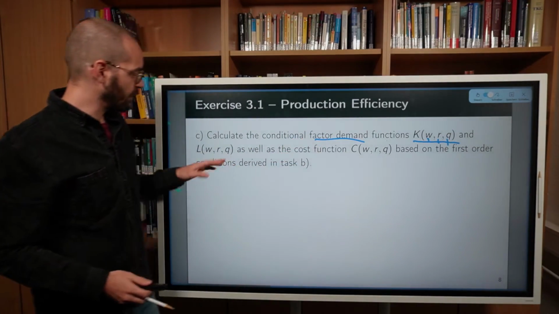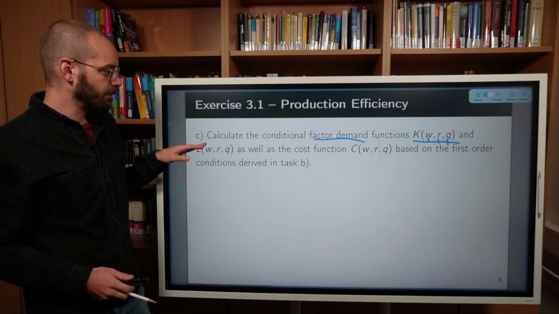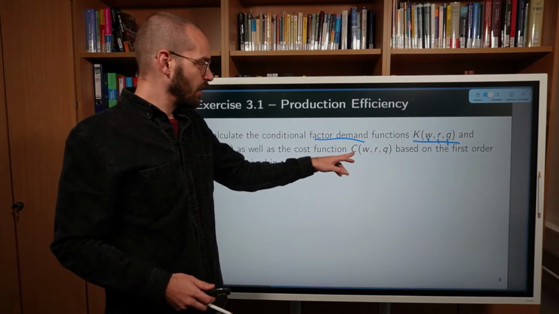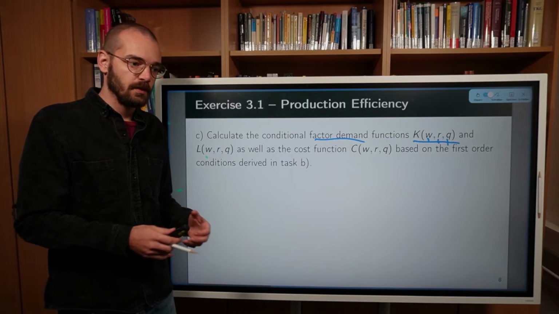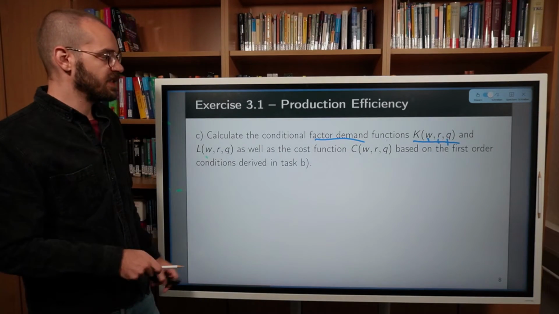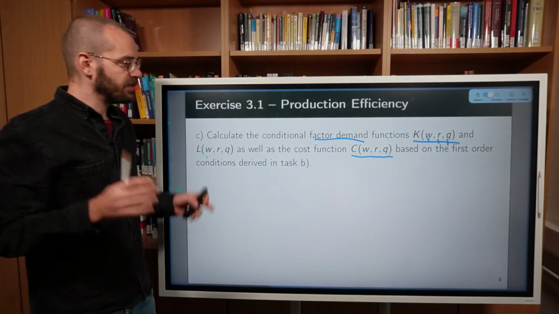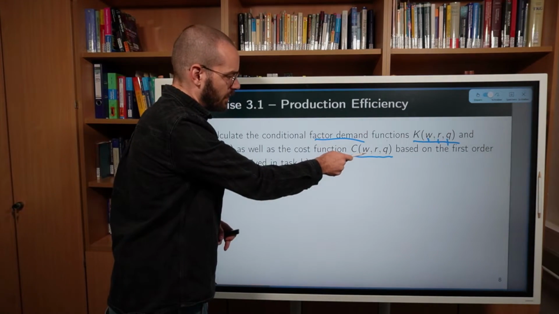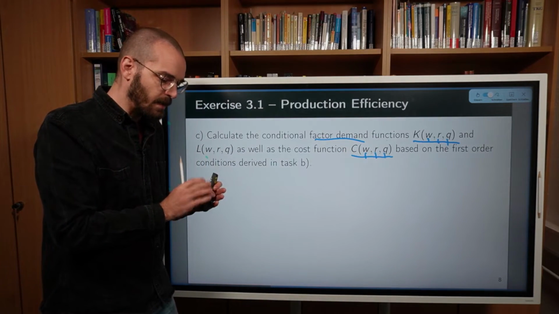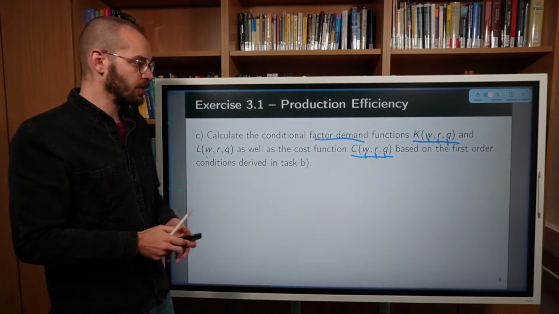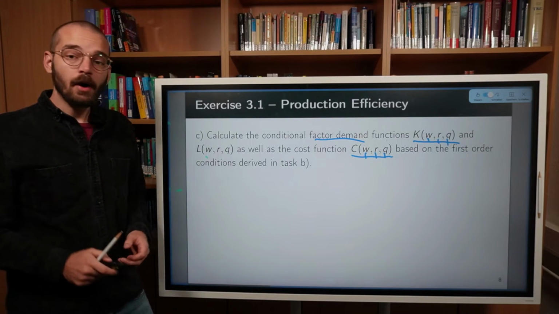The same, of course, for the second factor we want to consider, so labor L, as well as the cost function, the conditional cost function, conditional on the quantity we want to produce, which then results as a cost function capital C as a function of cost of labor, cost of capital, and the amount of output we want to produce.